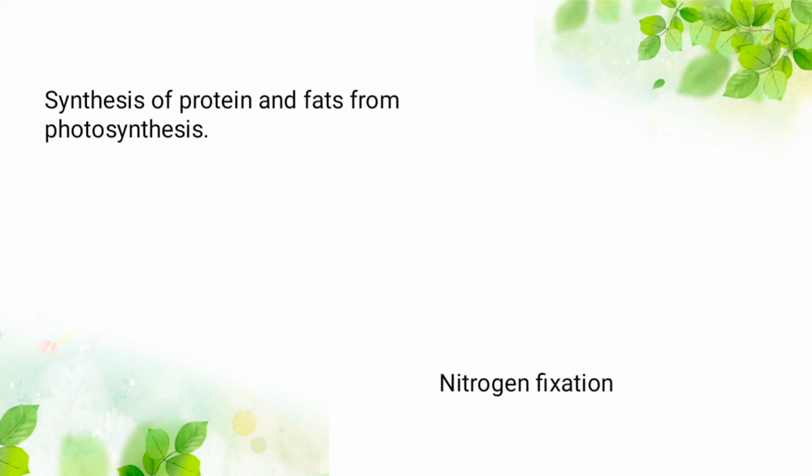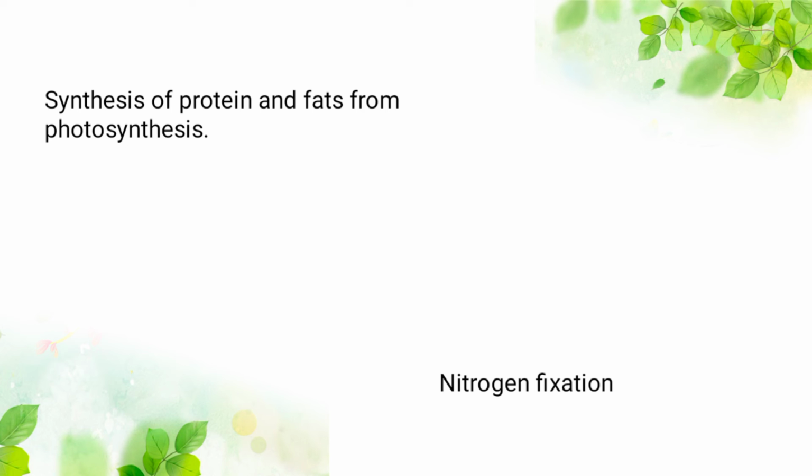Glucose, that is carbohydrate, has only carbon, hydrogen and oxygen in it, whereas proteins might have many other nutrients in it, for example nitrogen. So how does a plant take up nitrogen to form proteins and fats?